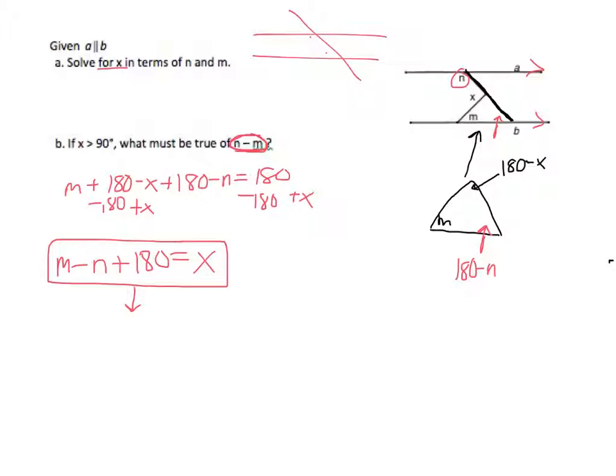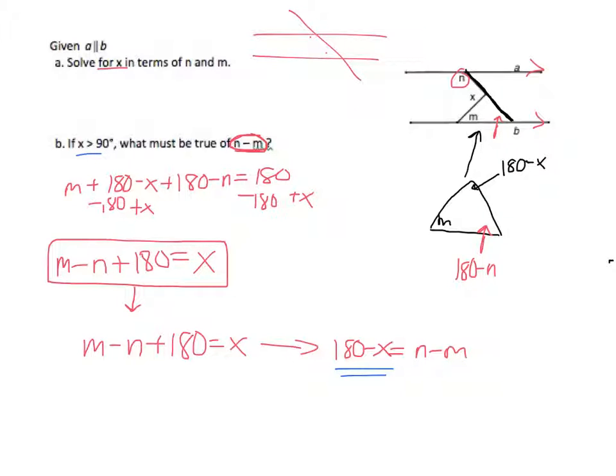So if I took my m minus n plus 180 equals x, and I want to solve it for n minus m, I'm going to move the n over and the m over, and then move the x backward. I'm not going to show you all of the work, but basically we get 180 minus x equals n minus m. The reason I did that is we want to know what's true about n minus m when x is greater than 90.